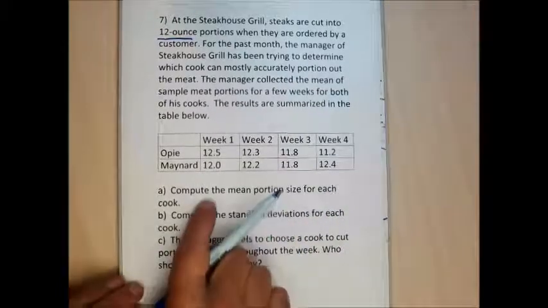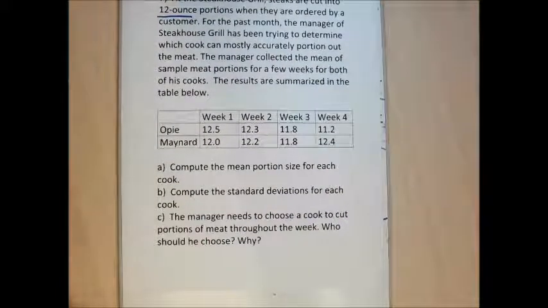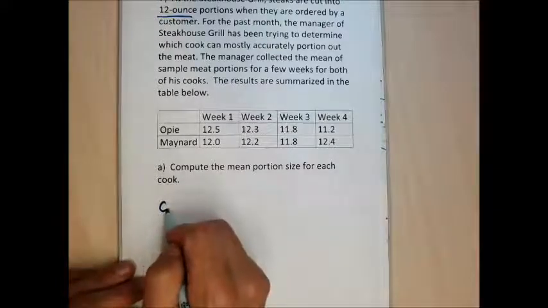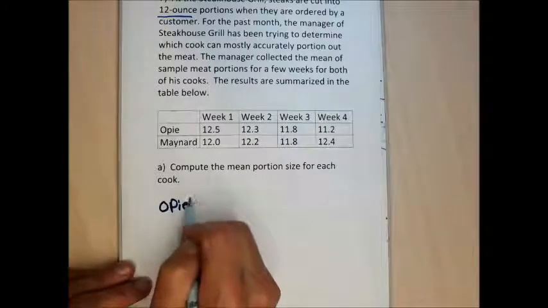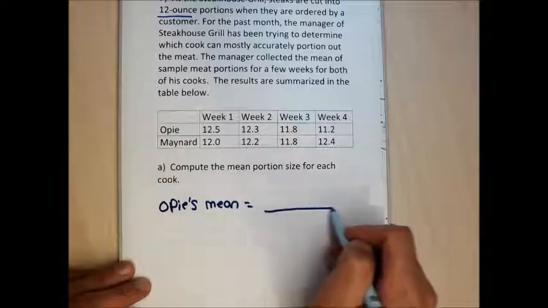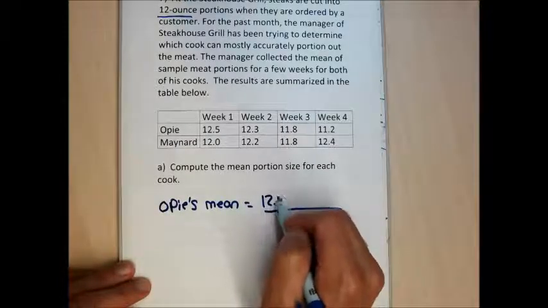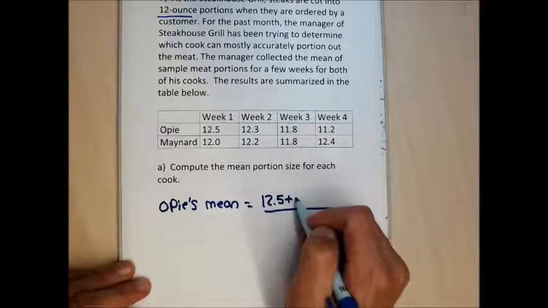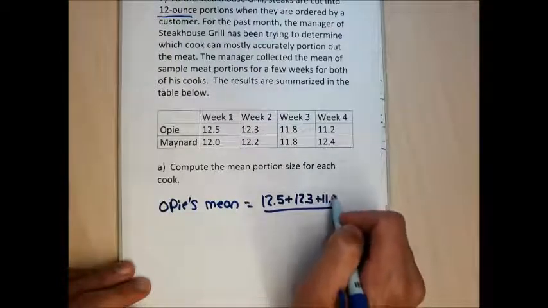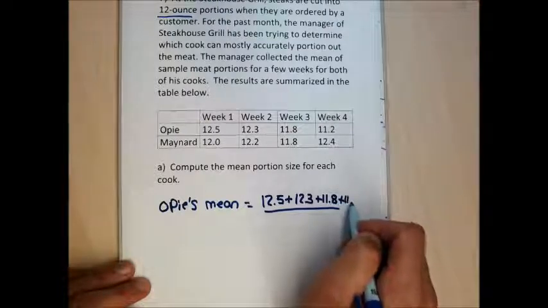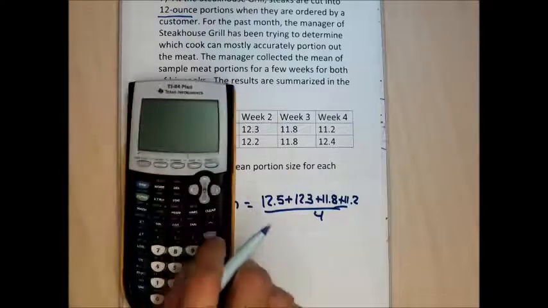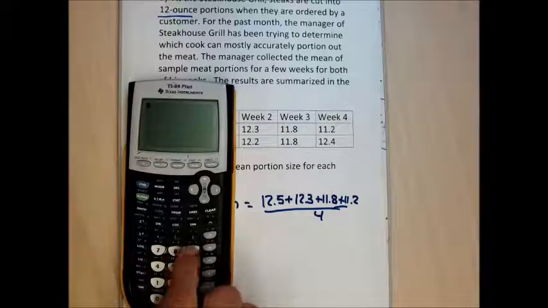So the first part here says compute the mean portion, which means the average. So I'm going to do Opie's mean. To find the average of Opie's steaks, I'm just going to add up his steak cuts, his 12.5 ounce average plus his 12.3 ounce average plus his 11.8 plus 11.2, and I'm going to divide by 4, and I have no desire to do that anywhere else but on my calculator.